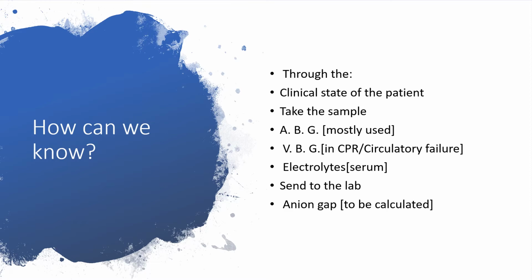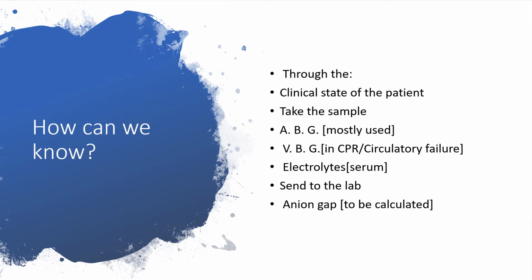But there are certain situations where you can use venous blood gas, for example in circulatory failure or when you are conducting cardiopulmonary resuscitation. You also have to take a sample for serum electrolytes. Why that? Very soon we'll get into the details of what we need it for.